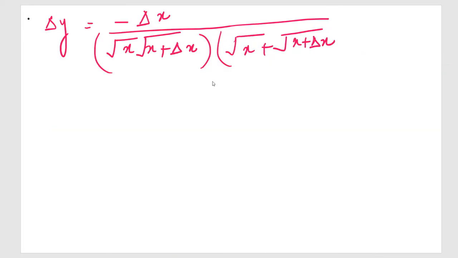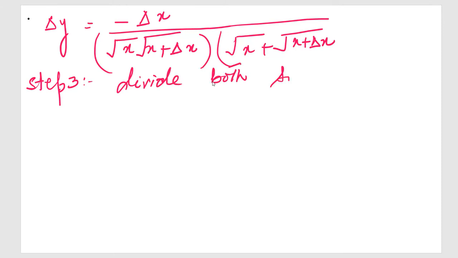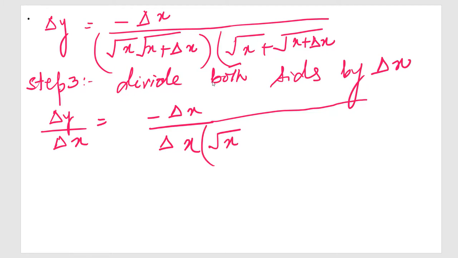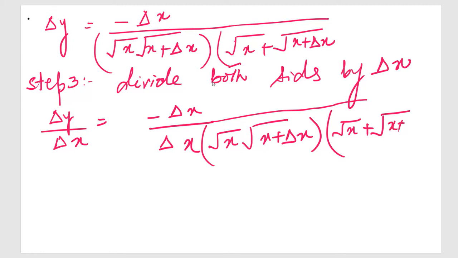Now step number 3. In step number 3, what you have to do is divide both sides by delta x. So here it will be delta y over delta x, which is equal to negative delta x over delta x, because we have to do our derivation with respect to x, and the remaining is square root of x into x plus delta x into square root of x plus square root of x plus delta x.